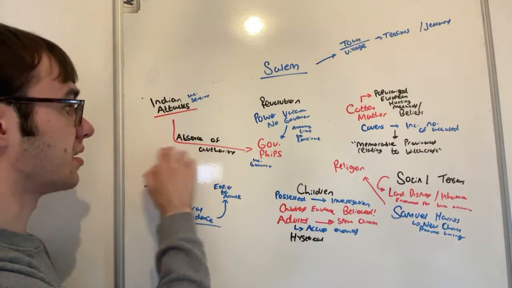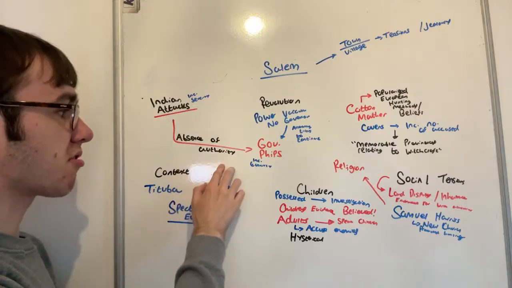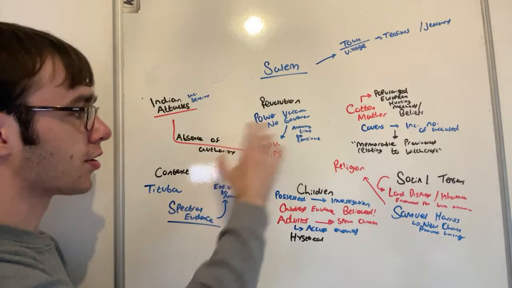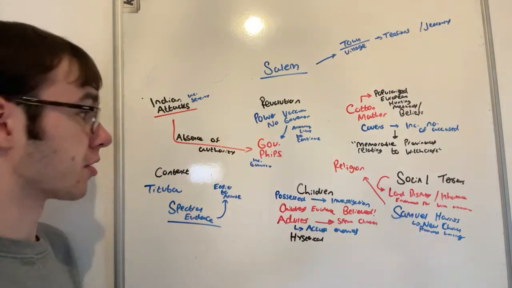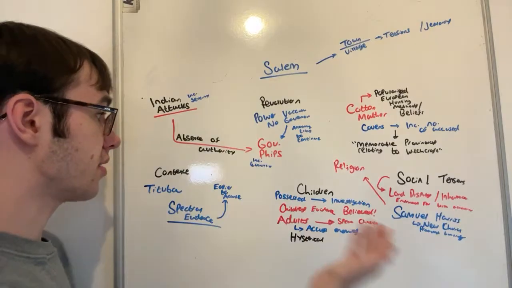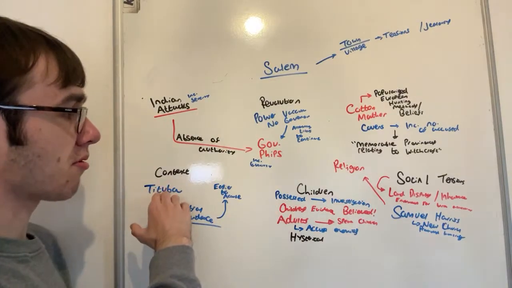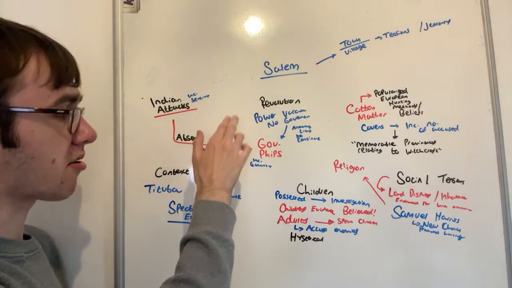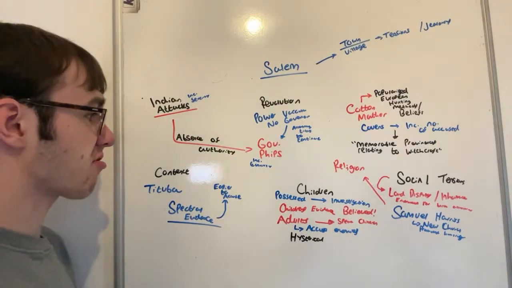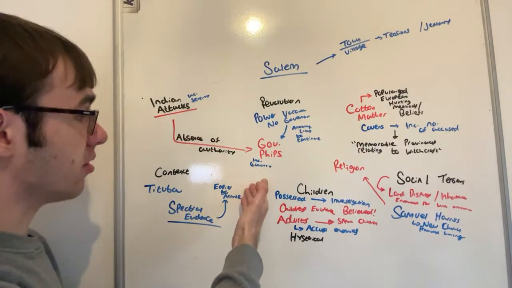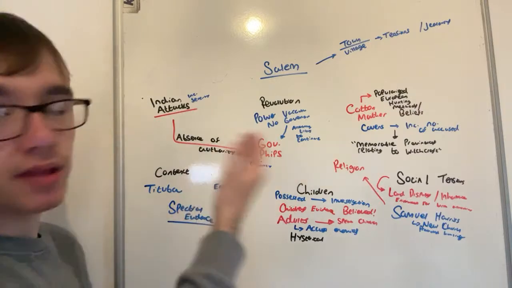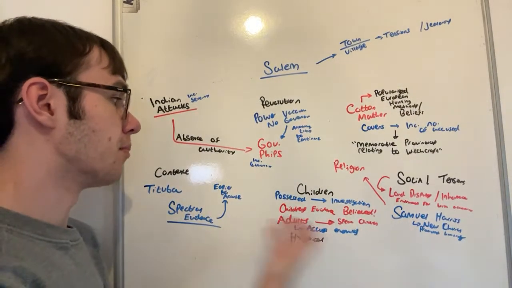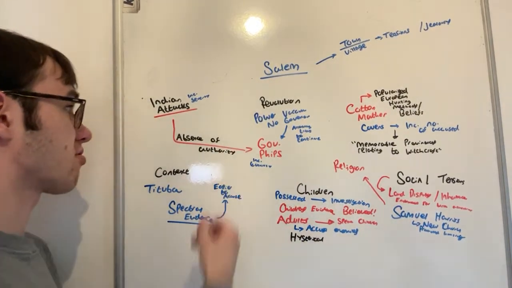Also linking to Indian attacks is the absence of authority. Governor Phipps, obviously a governor high up in authority, was absent for a lot of the trials because of the Indian attacks. He had to go off and deal with them. So, that led to the trials being able to happen more because of his absence.